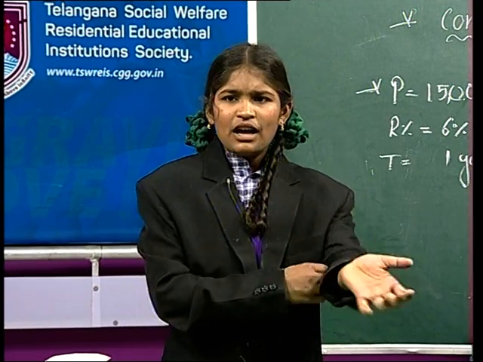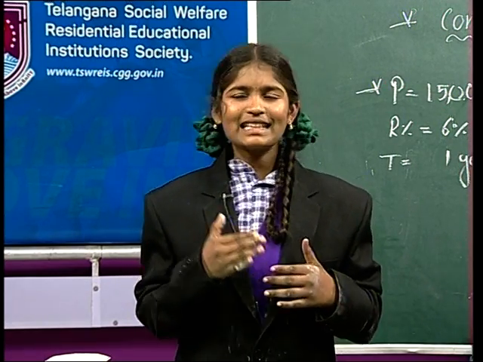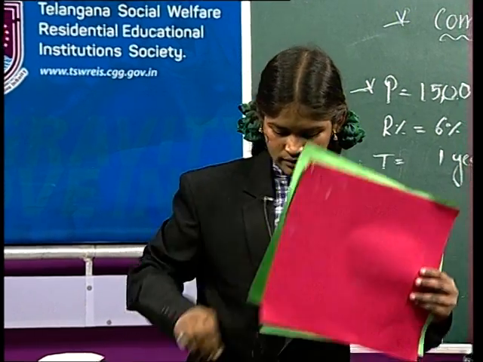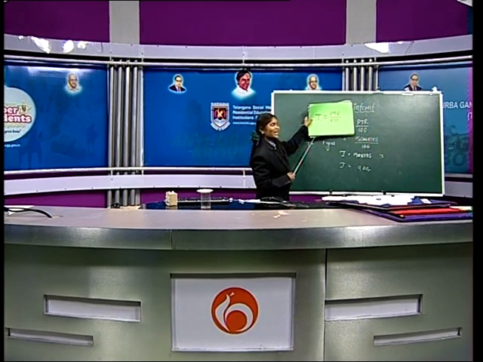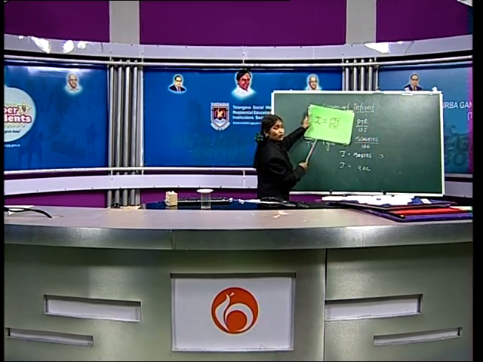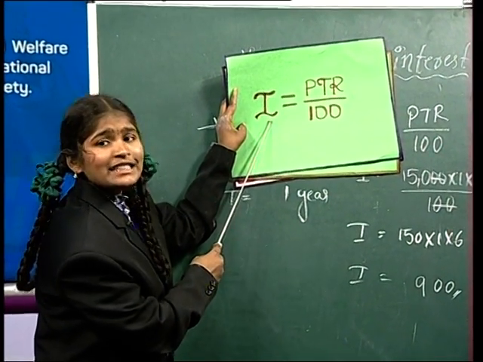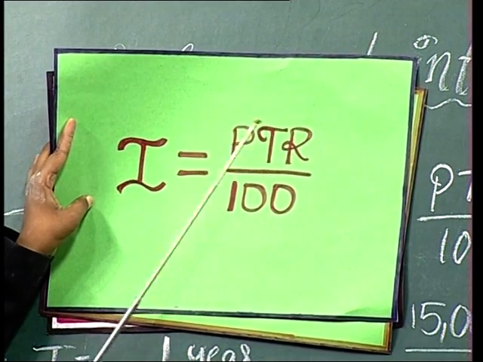First of all, I will show the formulas of simple interest and compound interest. See carefully and write down, because all these are important. I means interest. I equals PTR by 100.